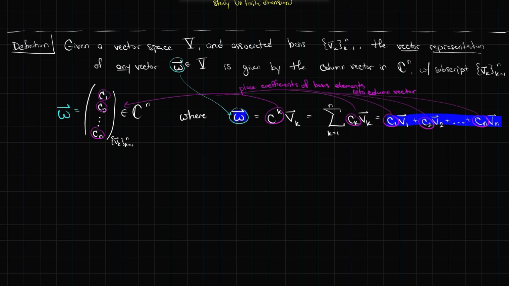So that's what a vector representation is. You place the coefficients of the basis, which gives you any vector, into a column vector. This is going to make a lot more sense when we see a few examples. I think my favorite example probably is this case with the polynomials again.